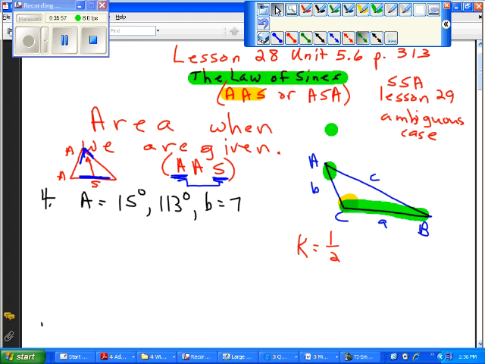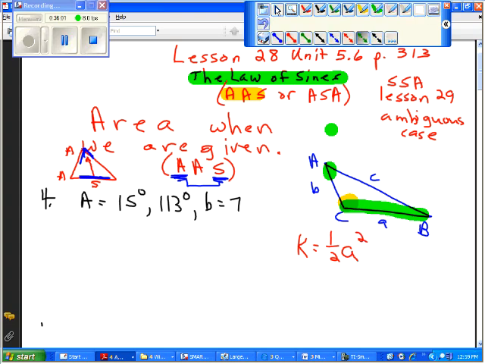All right, so here's what it looks like. We're going to have 1/2 of that side squared, 1/2 a squared, times this crazy looking fraction. Whatever is right here is also going to be down there, and that's going to be sine A on bottom.